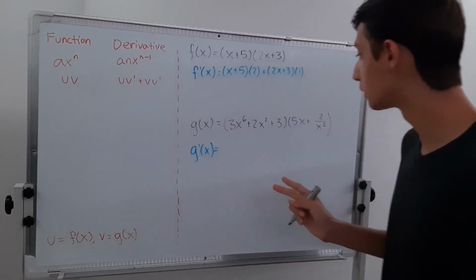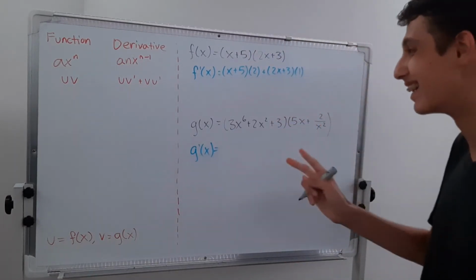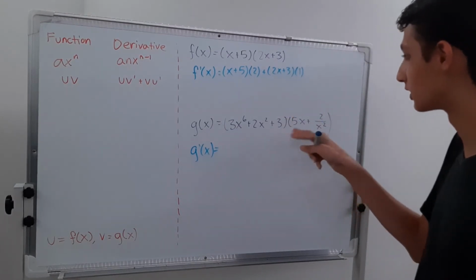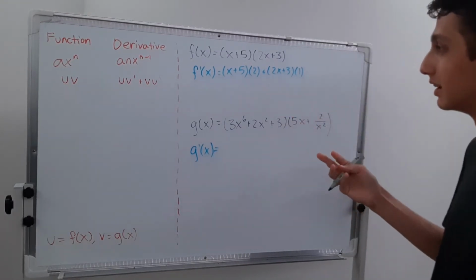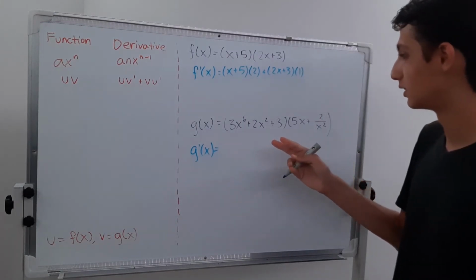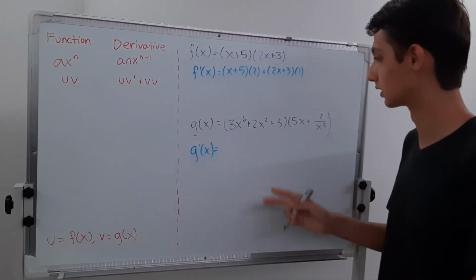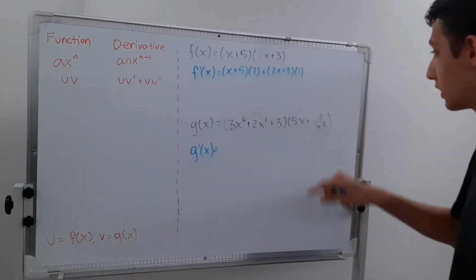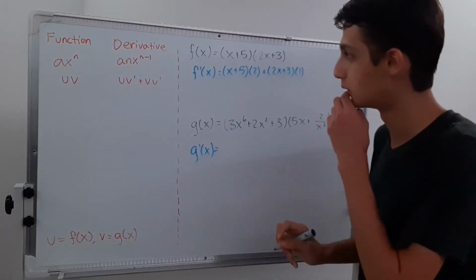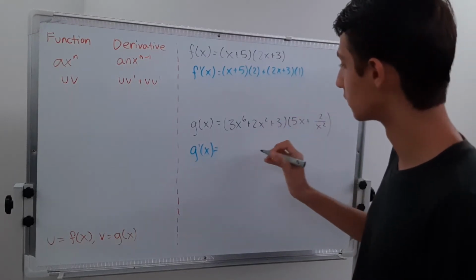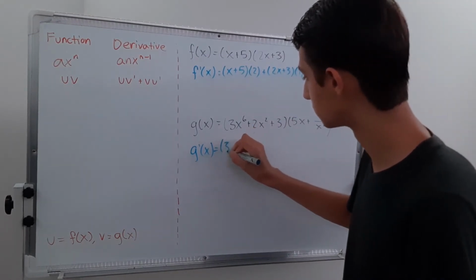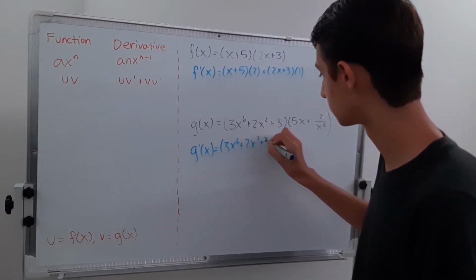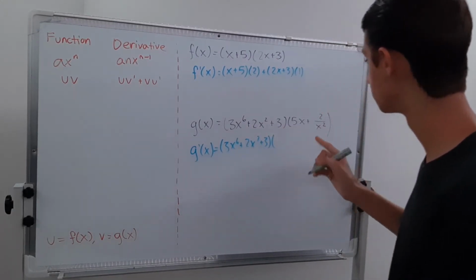So here we have two functions that are more complicated, and we're going to find the derivative of this, okay? We have higher exponents, 3 terms, negative exponents, all that. But it's really not hard, okay? So again, we just write down the first one, 3x to the 6 plus 2x squared plus 3 times the derivative of this.